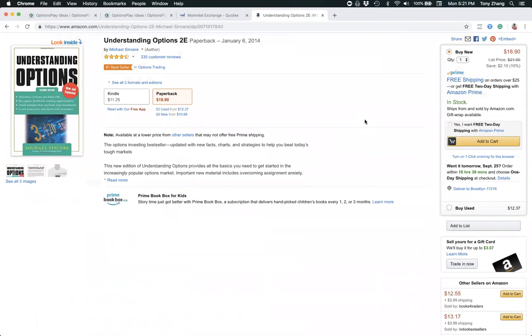So this is really one of the books that I recommend, because it really simplifies options, very similar to the way that OptionsPlay is designed to make options simpler for people to understand. I think Michael and I share a similar philosophy in educating users on options. So this is one of the books that I generally recommend as a reference book, especially for those of you that are on the newer end of trading, a newer end of options.